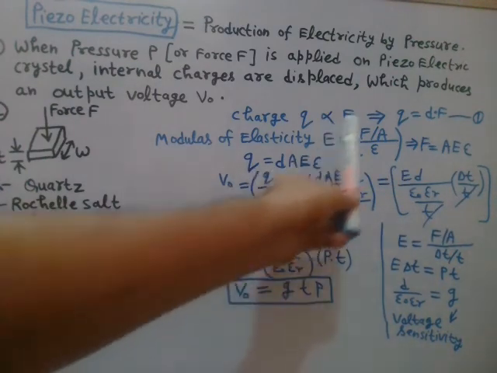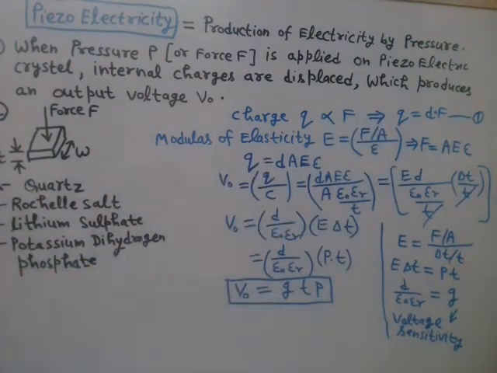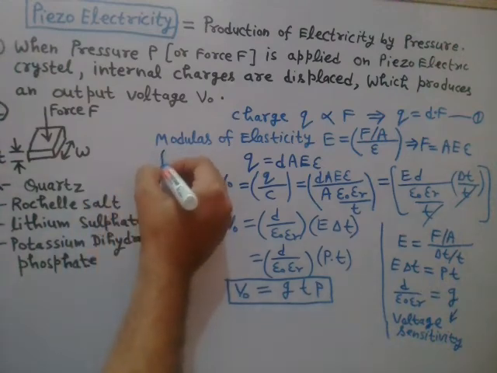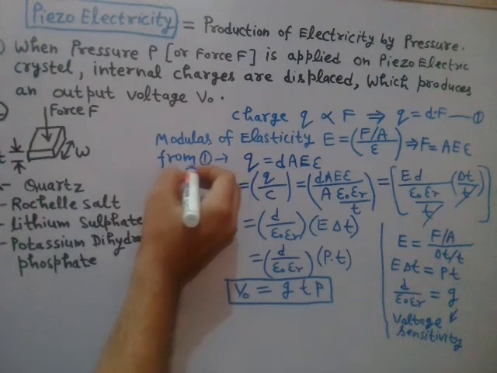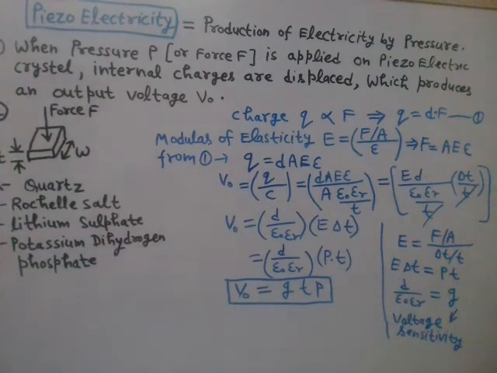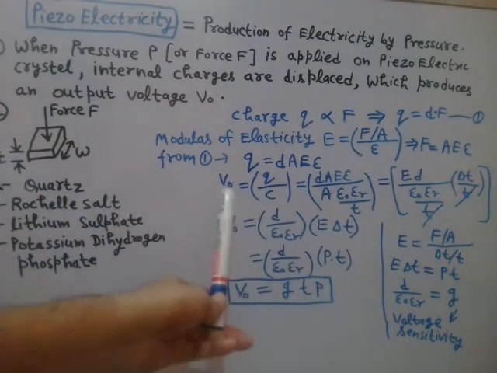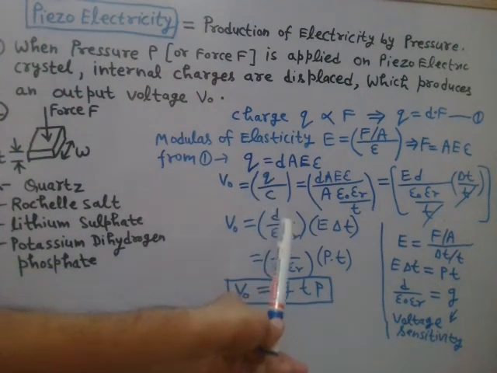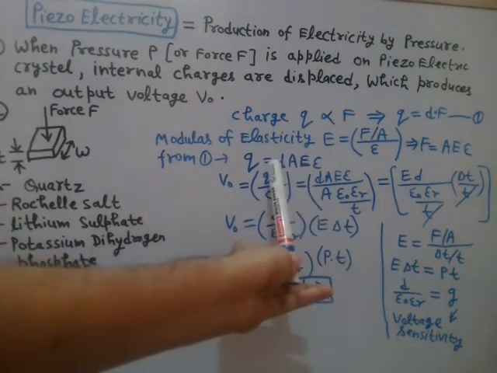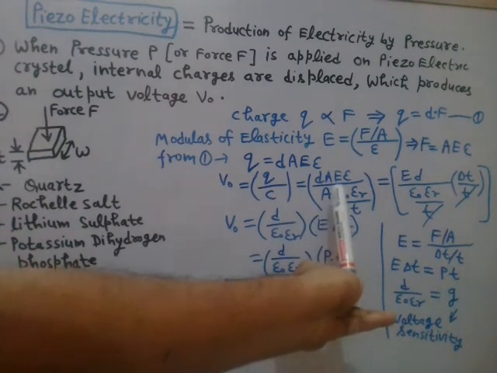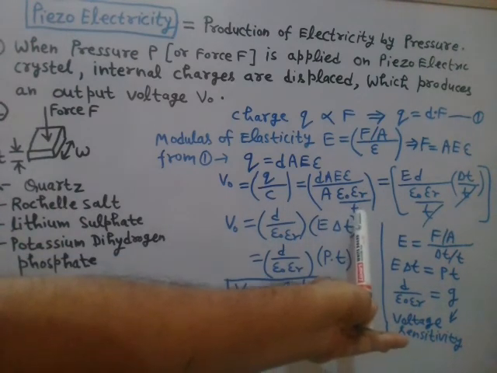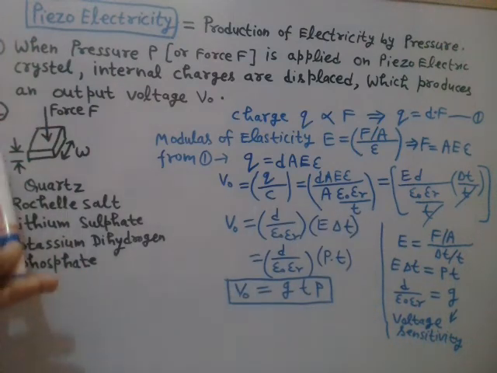So Q from equation number 1 you can write Q is dA epsilon E. So output voltage V0 is equal to Q by C. Put this value of Q, dA epsilon E, and in place of capacitance C, put A epsilon naught epsilon R by T. T is the thickness of this piezoelectric crystal.